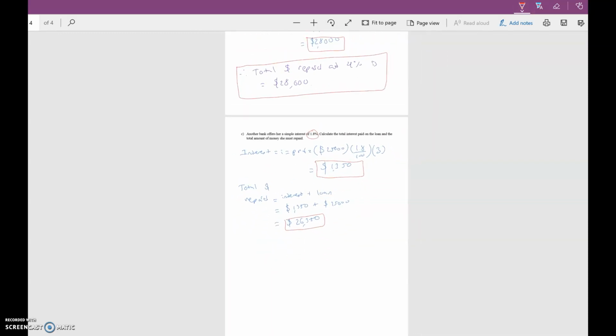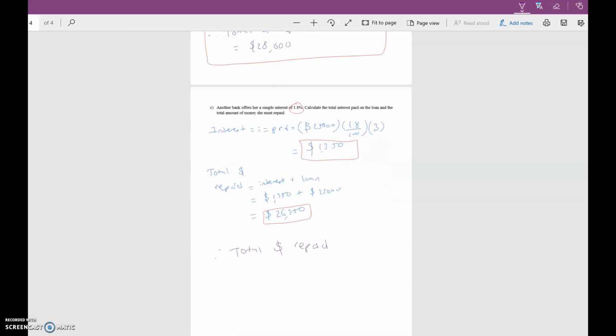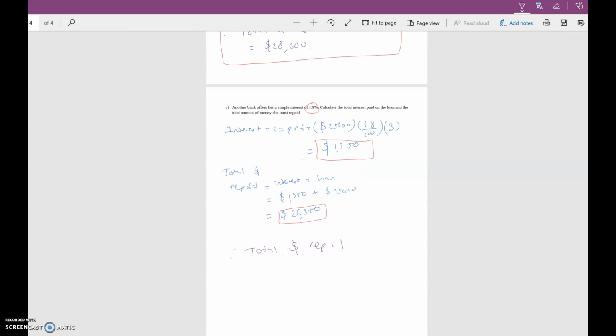And in this case, the actual total money repaid is a total of 26,350. Let me double check. 26,350.